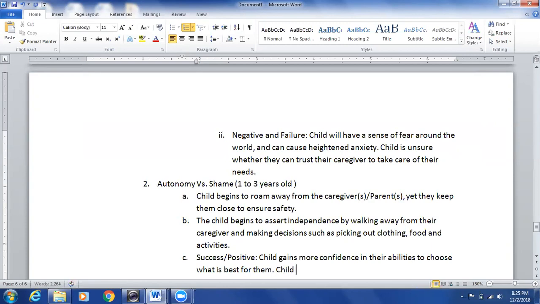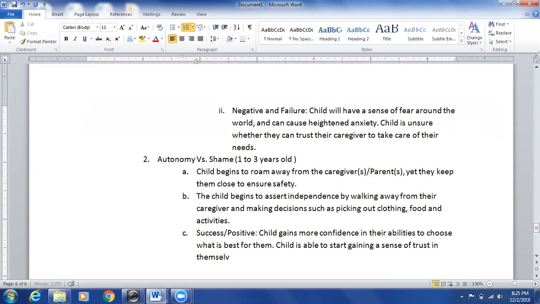And said another way, a child is able to start gaining a sense of trust in themselves to operate on their own.